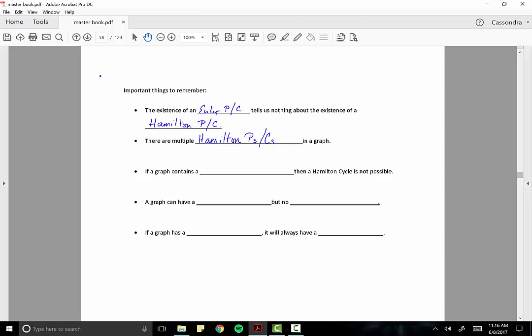If a graph contains a bridge, then a Hamilton cycle is not possible because you'll end up repeating vertices. A graph can have a Hamilton path, but no Hamilton cycle.